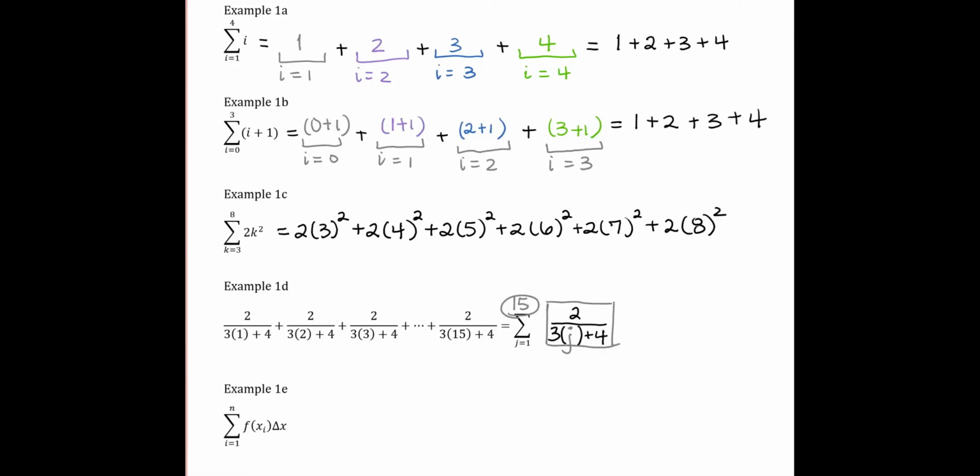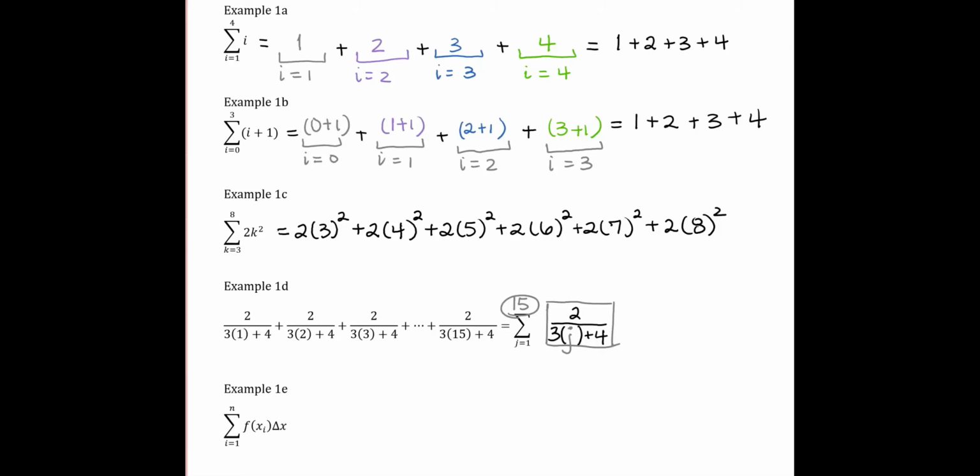So when we start with the sum, and we're working backwards to fill out the summation, we're looking for what is staying the same in each one of the terms, and then whatever is changing, that must involve the index of the summation if it is changing. And then we'll look to see what it is in the very last term, and that will help us find the upper bound. Our last example, 1e, perhaps looks the scariest, but really is not.